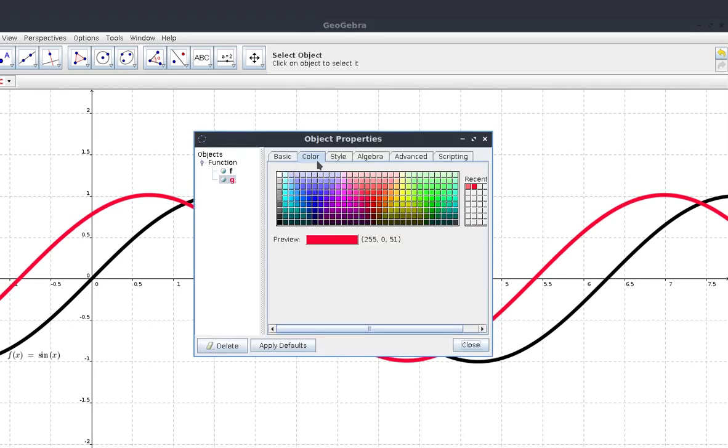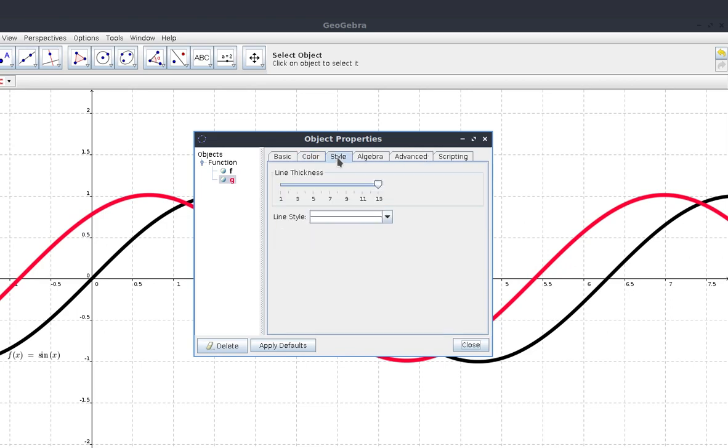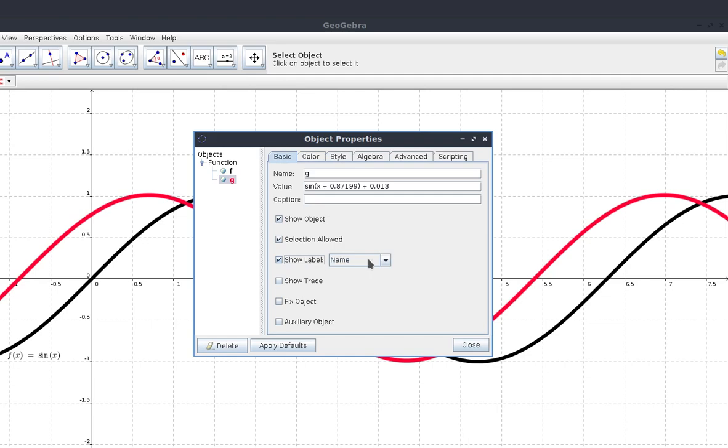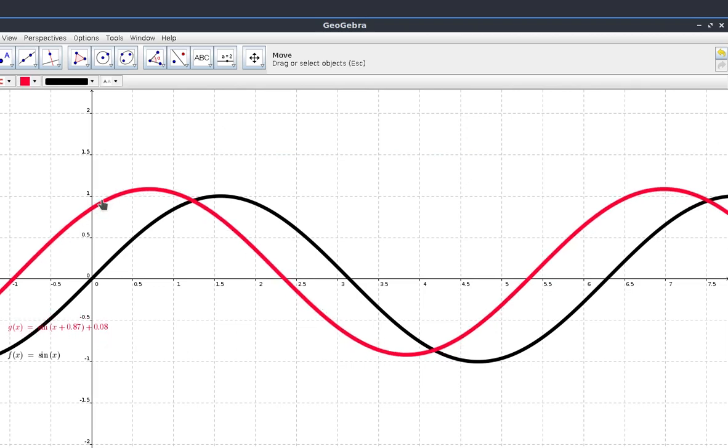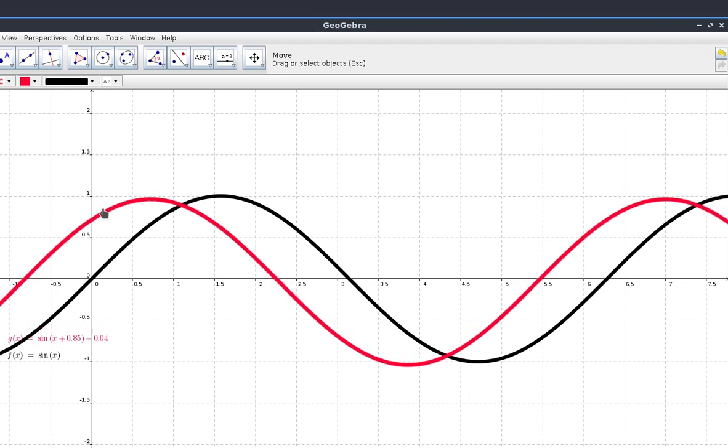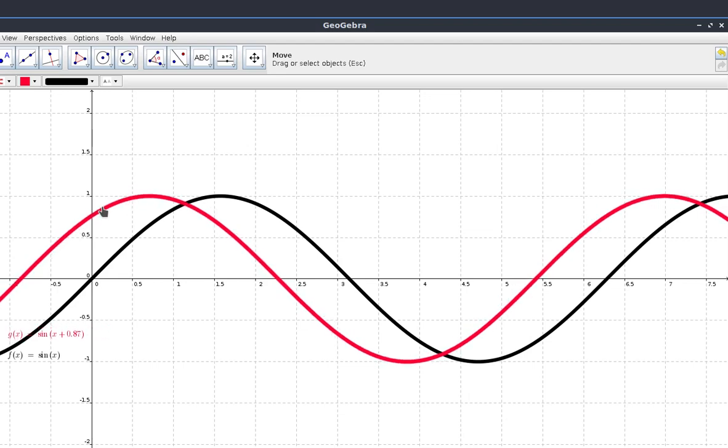So here, let me change this so that I'm able to see the equation on the screen. Y equals sine x plus or minus something, right? Alright, so I line it up.